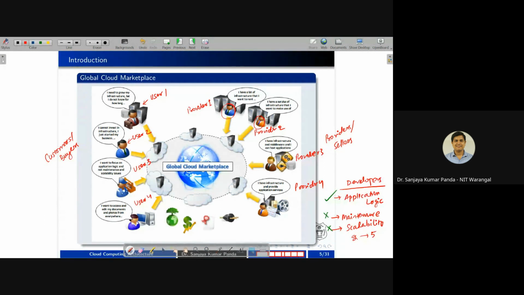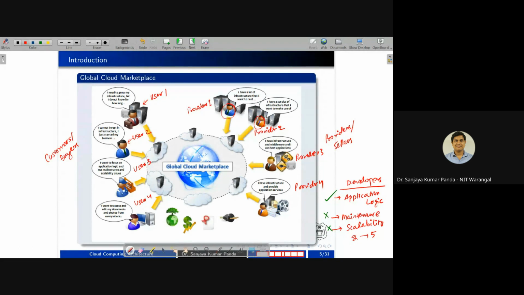But before they initiate any kind of services, there is an agreement they need to sign. Like when we purchase a refrigerator, or an air conditioner, or any product, we are bound to certain terms and conditions, right? The provider is giving some terms and conditions.